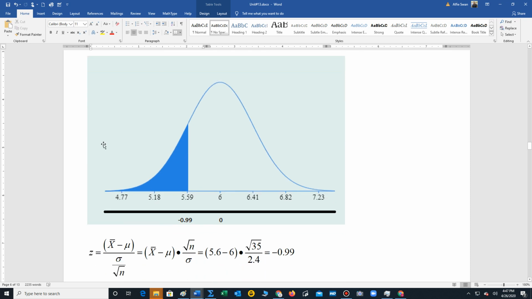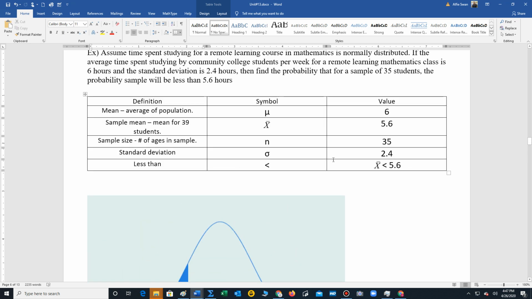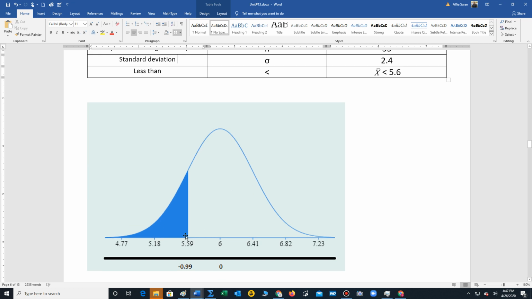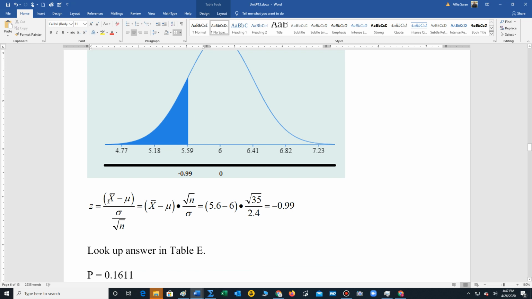So if we were to draw the normal distribution, we're looking for less than 5.6. So that's about right here. We convert, and what I like to do when I make these conversions is take the reciprocal of the denominator. So sigma over radical n, you can change that to radical n over sigma times that difference. Plug the values in, we get negative 0.99.